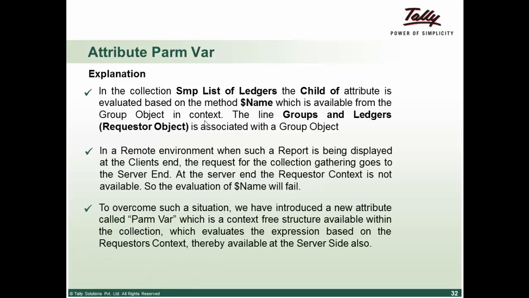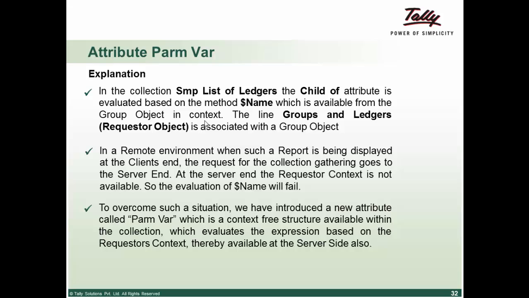The collection, the list of ledgers, has its child of attribute evaluated based on the method name $name, which is available in my group object context, the main line that is associated to the group object. In the remote environment, the report is being displayed, and the request for the collection gathering goes to the server end.